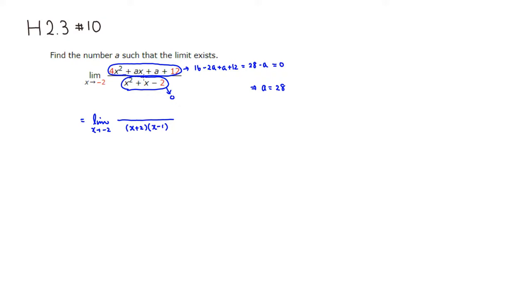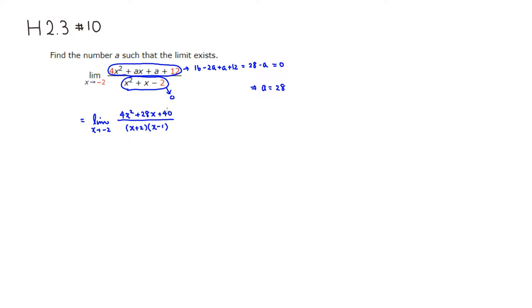If you plug in 28 into the numerator, we get 4x squared, plus 28x, and then 28 plus 12, so this is going to be plus 40.